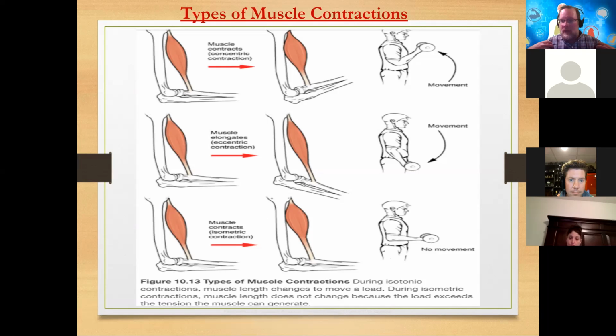You still feel some muscle tension. There's still tension in the muscle. I'm lifting up on this really heavy table. I can feel it in my muscles. There's tension there, but the length is not changing. That's isometric. Now, this is going on as we're sitting here.